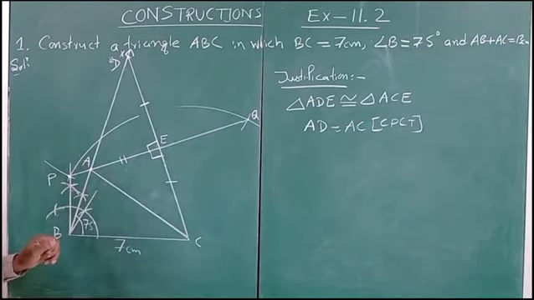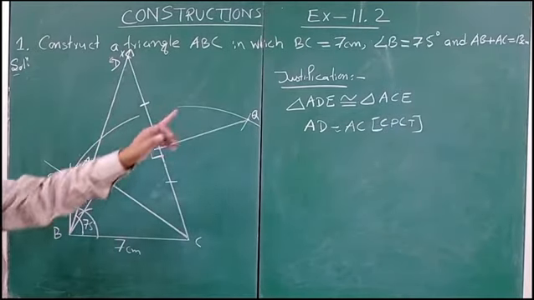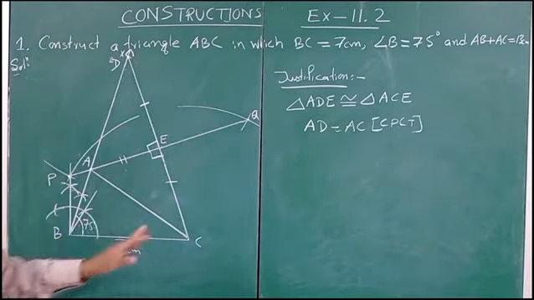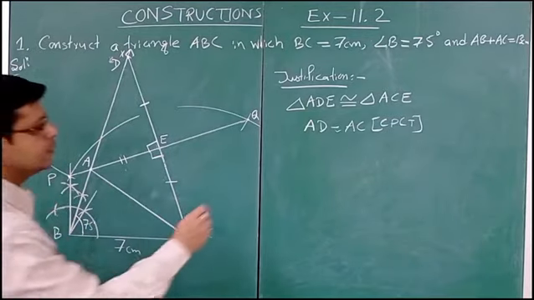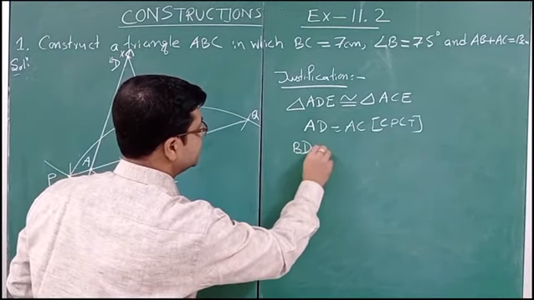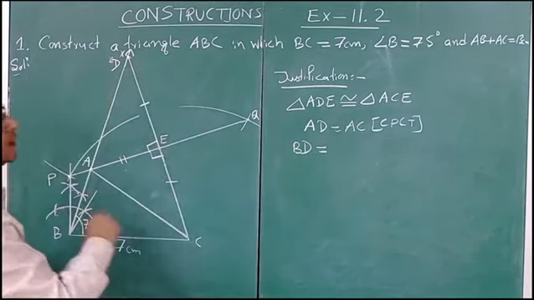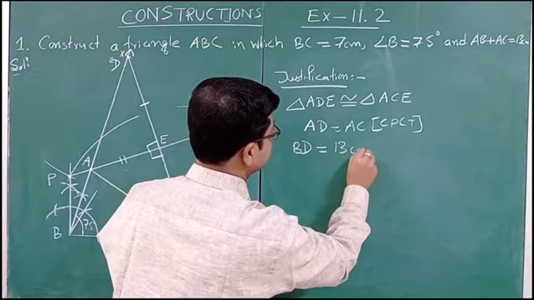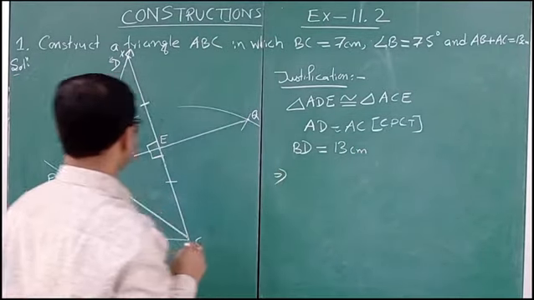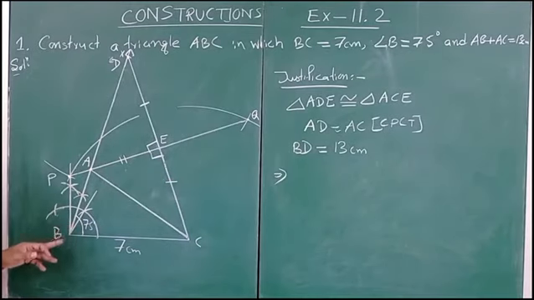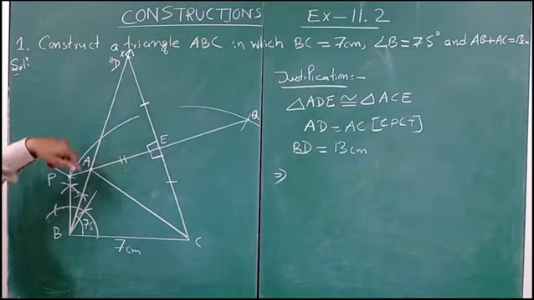Now, here what we had to prove, AB plus AC is 13 centimeters. We took BD equal to 13 centimeters. Now what is BD? In the diagram you can check. BD is the sum of AB and AD.